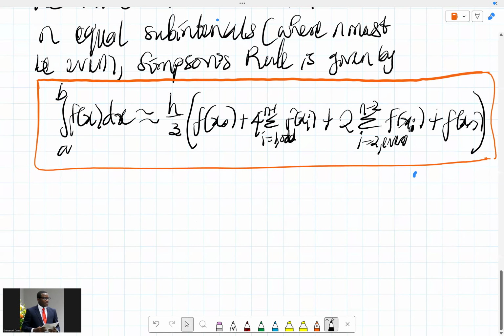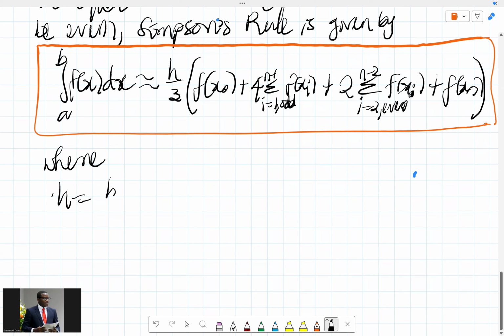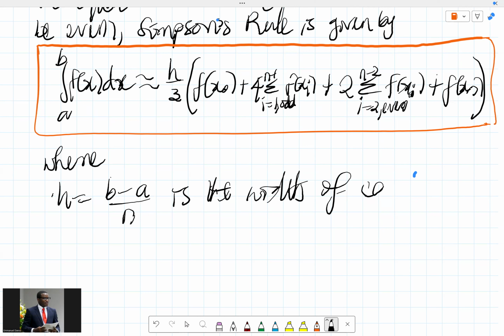Again, we need to understand what each component is about. First of all, we have h, which is equal to (b minus a) over n. That is the width of each subinterval, which you can see as the step size like we had for the trapezoidal rule.